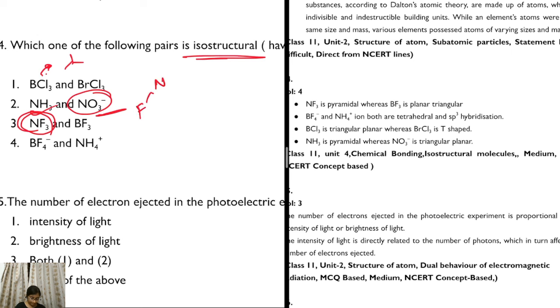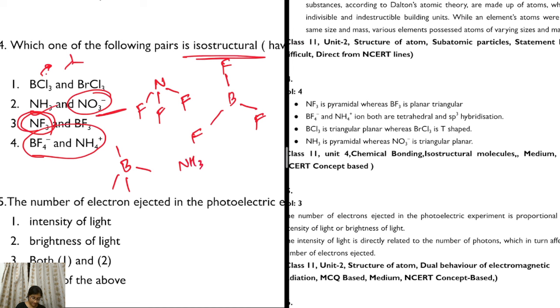And BF3 is trigonal planar. These are both tetrahedral. So they'll have the same shape and hybridization. sp3 would be the hybridization.